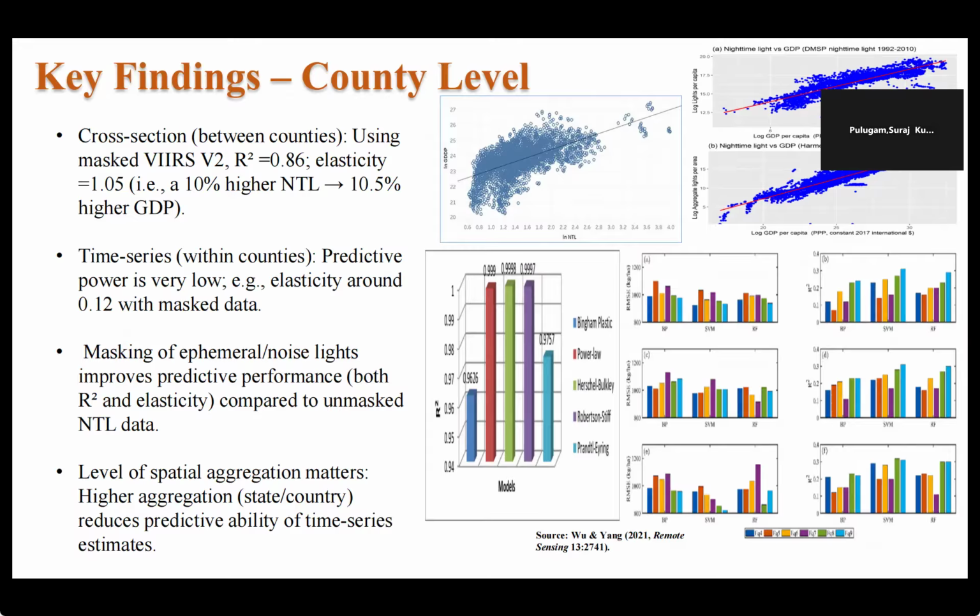However, in the time series model, which tracks changes within the same county over time, predictive power is very weak, with elasticity around 0.12. Masking noisy or ephemeral lights improves the result significantly. The scatter plot here shows how strong the positive relationship is between nightlight brightness and GDP. Brighter counties consistently have higher economic output, as you can see.